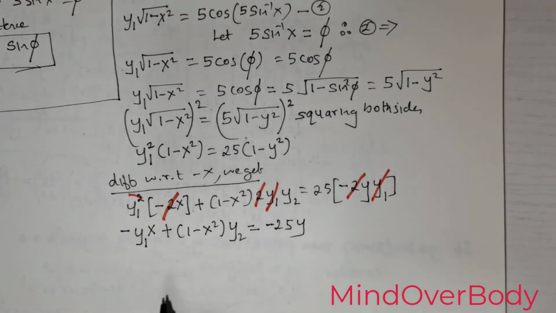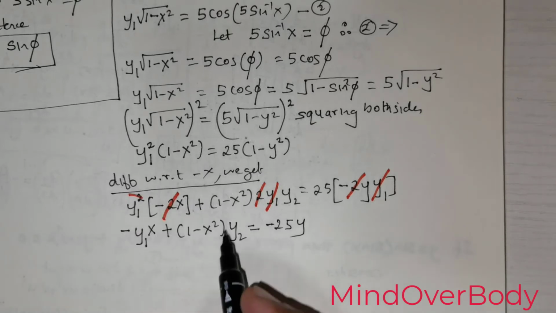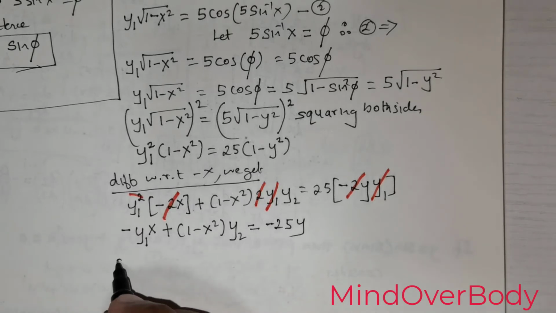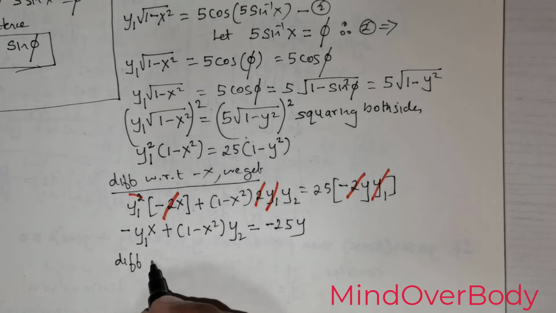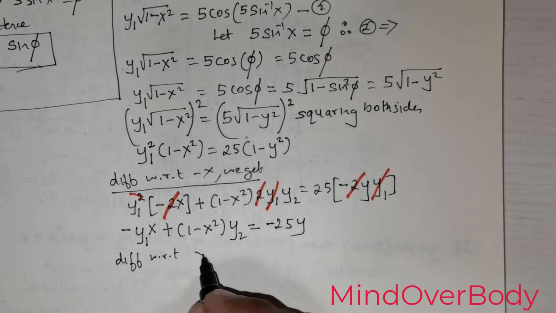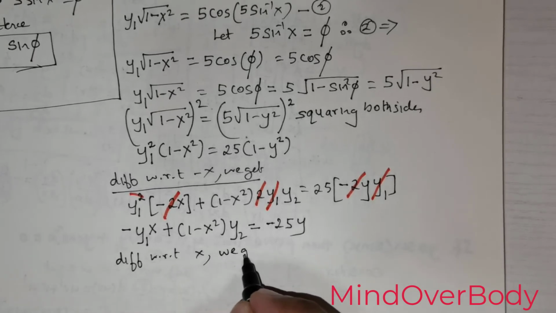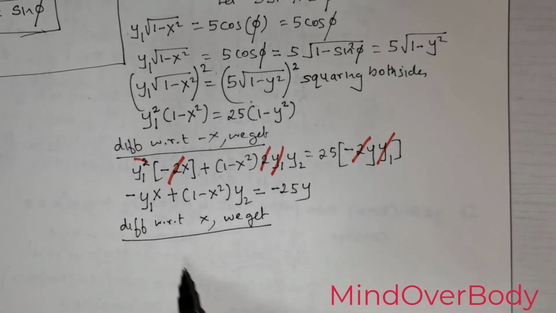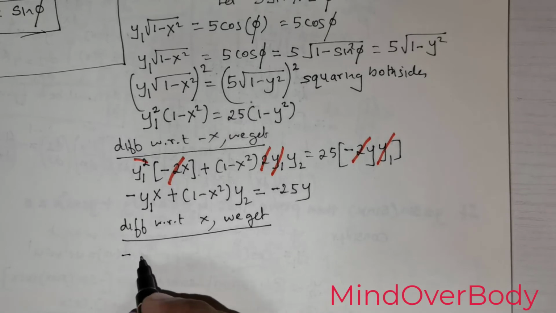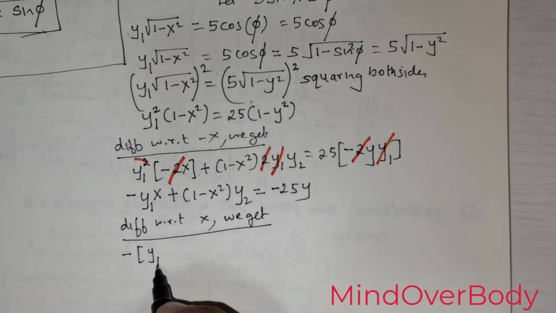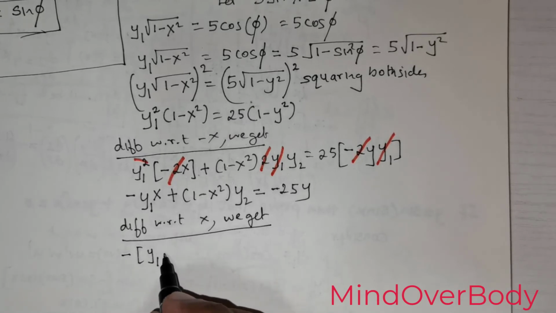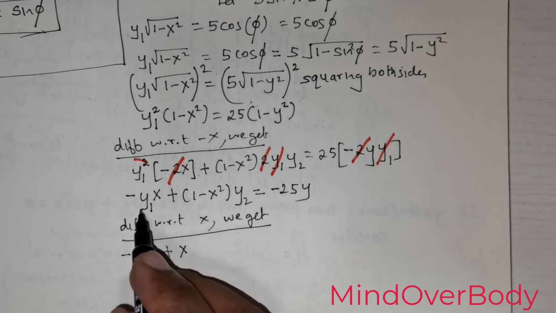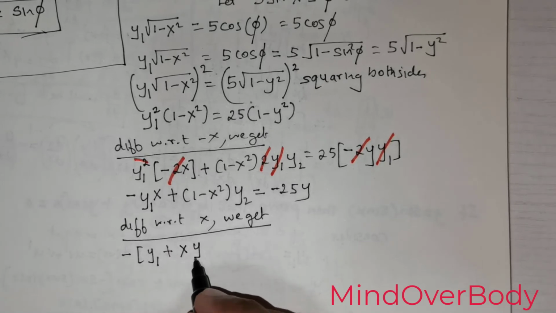Now the first differentiation is finished, the second differentiation is finished, so we got y2, but we need to get y3. So differentiating with respect to x, we will have to differentiate this quantity. In this case it's uv, so I'm going to take a negative sign out: y1, the differentiation of x is 1, positive x times the differentiation of y1 gives me y2.